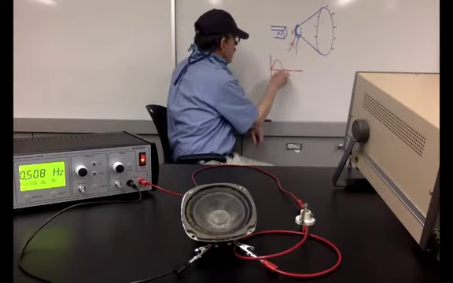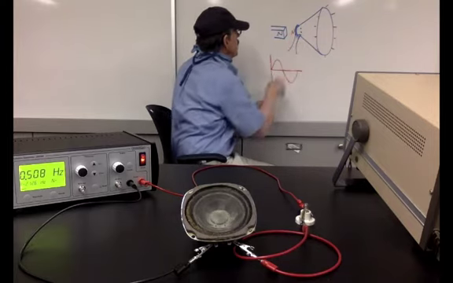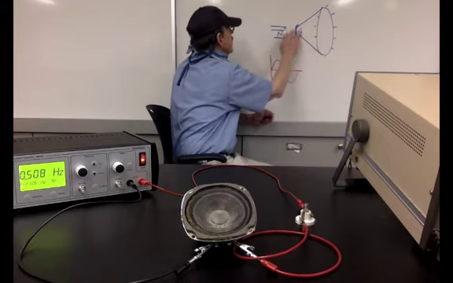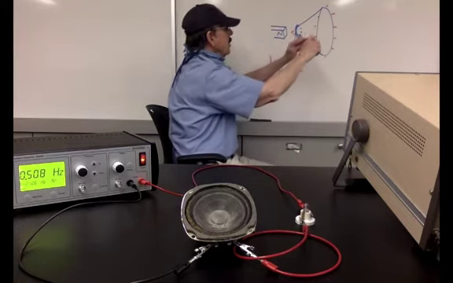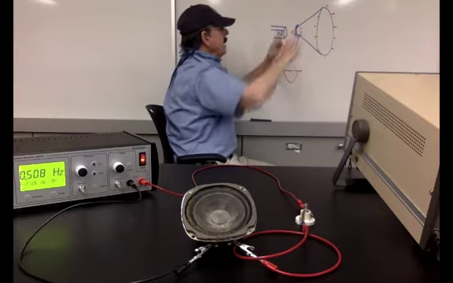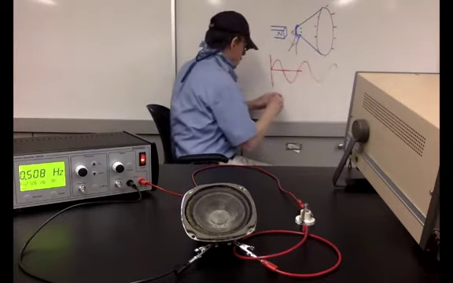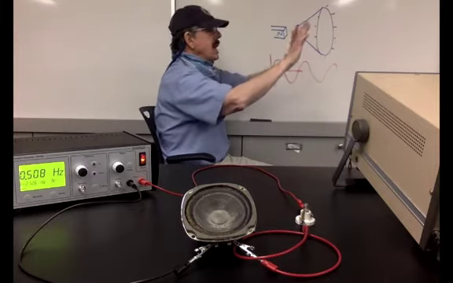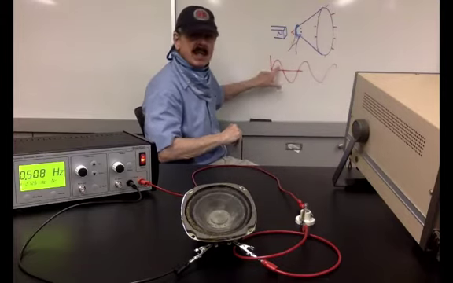When the polarity of the power source changes and the current changes direction, now the direction of the magnetic field down the axis of the coil shifts, and so now you get an attraction between the two, and the coil pulls back. And so as you go through the cycles, the cone pushes out and pulls back, and pushes out and pulls back, at the frequency of the signal that's being pulled in.